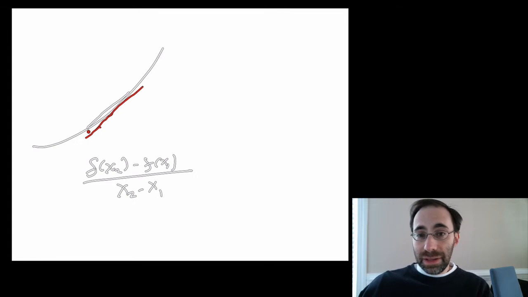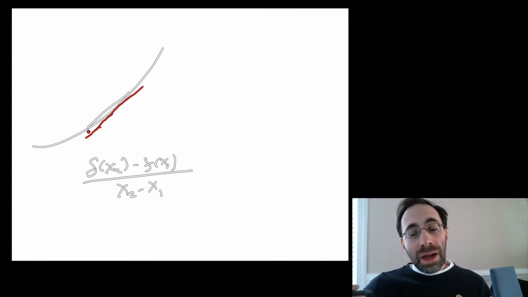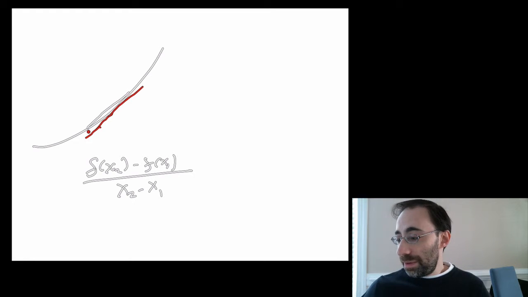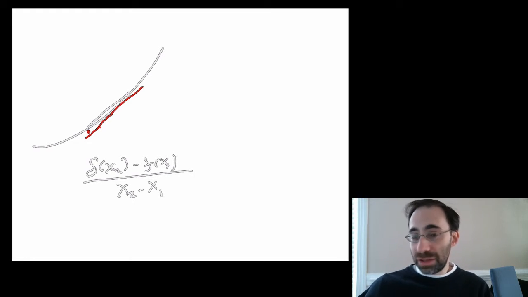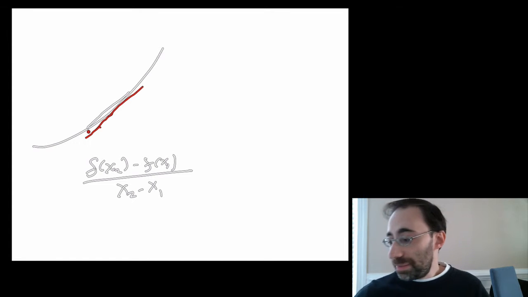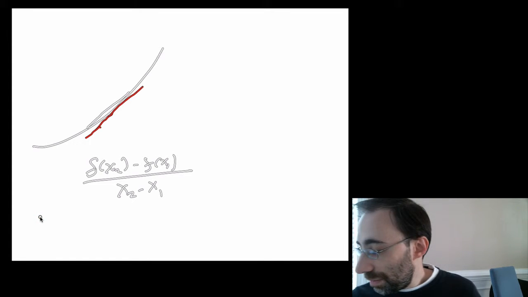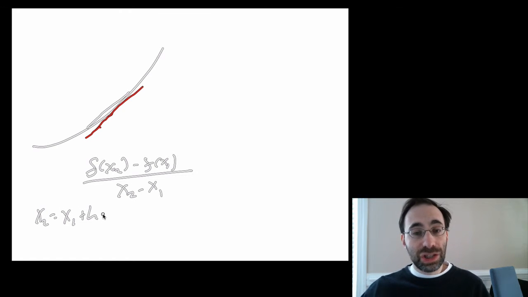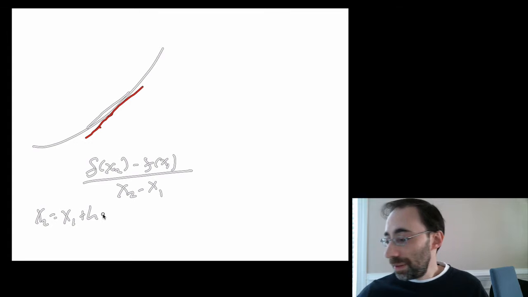So this is the way of representing that mathematically. How do we make x2 and x1 get closer and closer together? Well, really it's a limit as x1 goes to x2. A nicer way of writing that would be to rearrange x2 in this manner. So we can write x2 equals x1 plus h, where h is some real number.